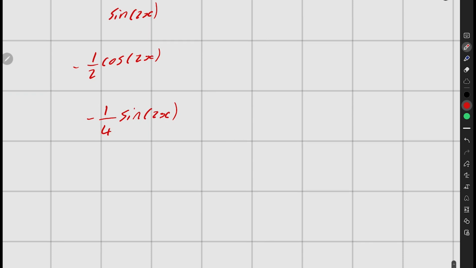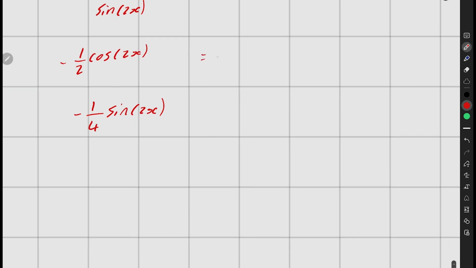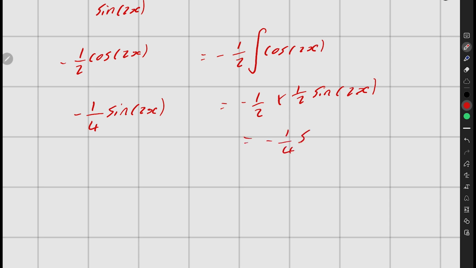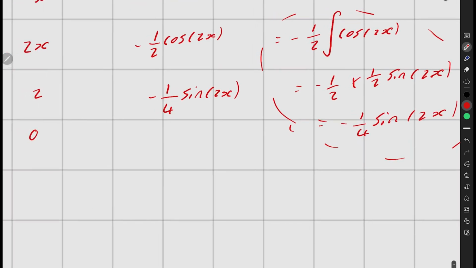If you really wanted to, you could have minus a half, bring it outside, and cos of 2x is going to become the same thing. If you find this way easier, definitely do that. Just taking shortcuts here, but that's why.